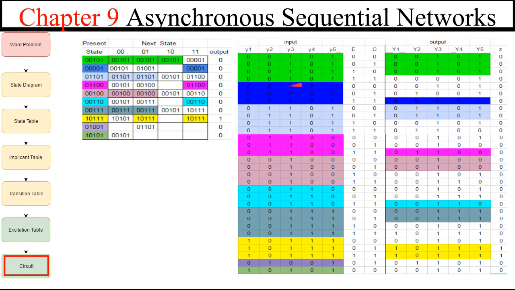The first thing I did is I took the excitation table and I put it into a spreadsheet. I just mentioned the rows that are full of data and skipped all the don't cares. So this dropped me down from 128 to about 60 rows.